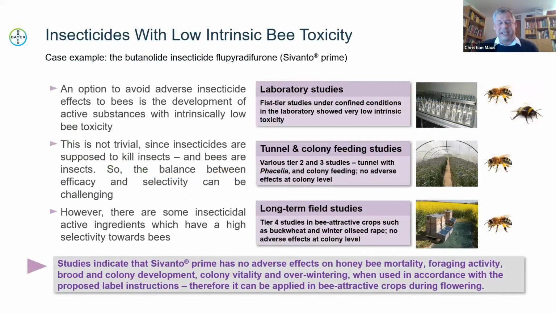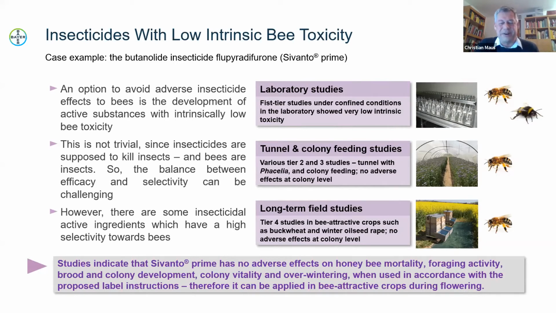I mentioned that there are also intrinsic ways to avoid effects by the development of insecticides which are of low toxicity to bees. And you can imagine this is not a straightforward thing, because insecticides are designed to kill insects, and bees are insects.